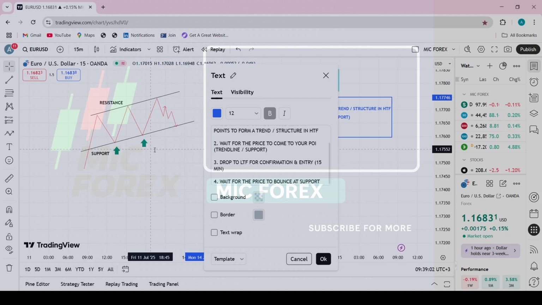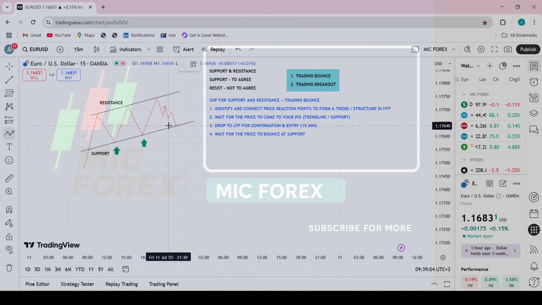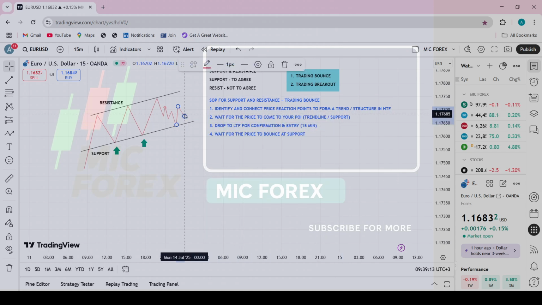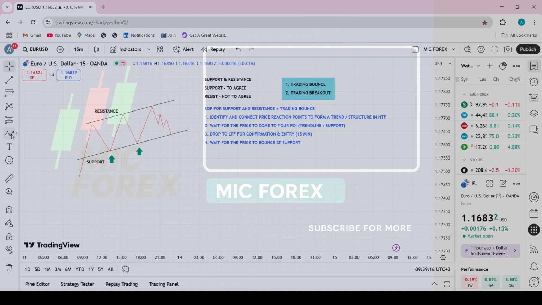In other words, you wait for the price now to bounce like that. Oh, sorry, I think I need to use a bigger one, but I think this one is also clear. So the price has bounced.